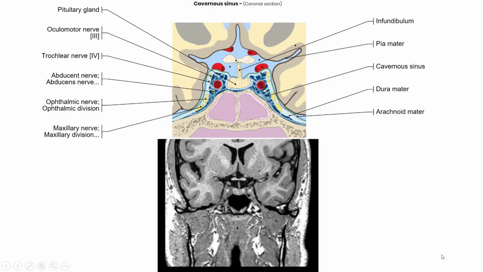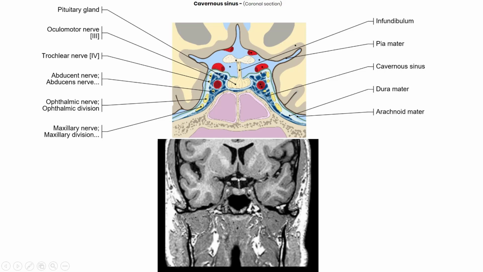And because the pituitary gland is well imaged in the sagittal and coronal planes, I wanted to show you this diagram and also this coronal T1 MRI scan so that you can see what the pituitary gland looks like in that plane. Here at the top, you've got the optic chiasm and the infundibulum, and then the pituitary gland sitting on top of the sella turcica with the cavernous sinus on either side.